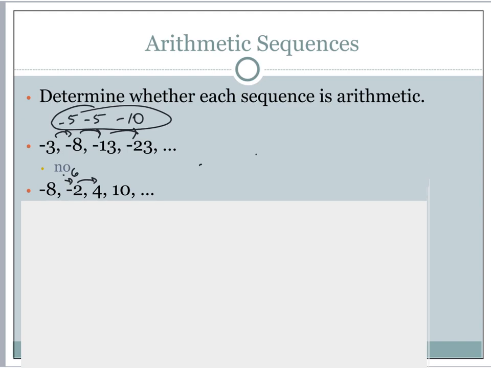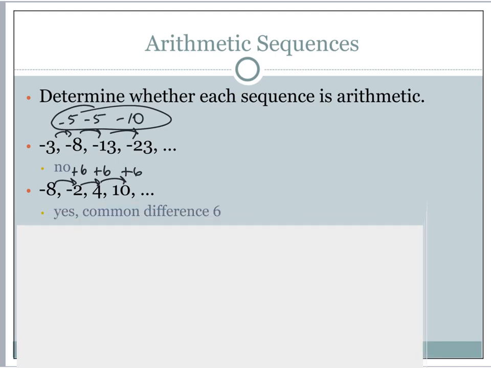My view, I couldn't see that negative in front of the 8, but it actually is a negative. Okay, -8 to -2, sorry, that is +6, and -2 to 4 is +6, and 4 to 10 is +6. So since these are all the same, our common difference is 6. And yes, this would be considered an arithmetic sequence.